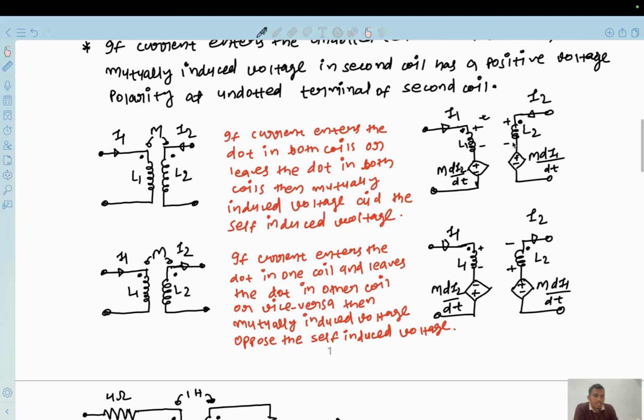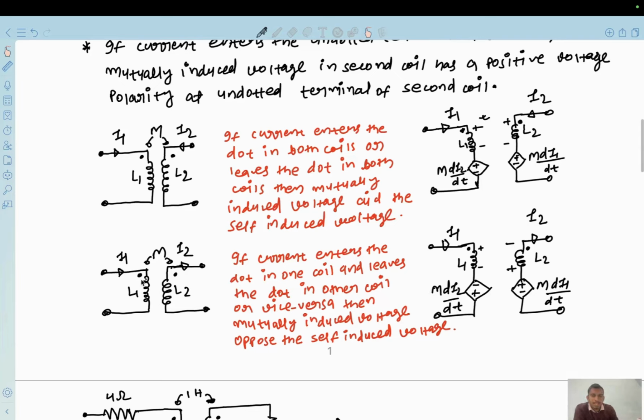Same in the second coil, this polarity is of self-induced voltage. There are two induced voltages in one coil, one is self and the other is mutual. This is the polarity of self-induced voltage, and we can represent the mutually induced voltage by a current dependent voltage source, and we have to give the polarity such that it is adding to this self-induced voltage.